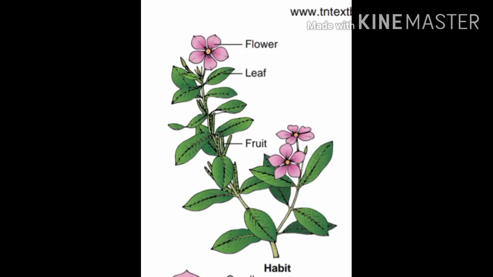It has a taproot system because it's a dicot plant. The stem is aerial above the soil. It is erect, standing straight, and you can find in the picture it is cylindrical, and it has leaves. The leaves are usually simple, that is, one stalk has one leaf, and they are present in opposite direction. You can find two leaves in the direction right, left.